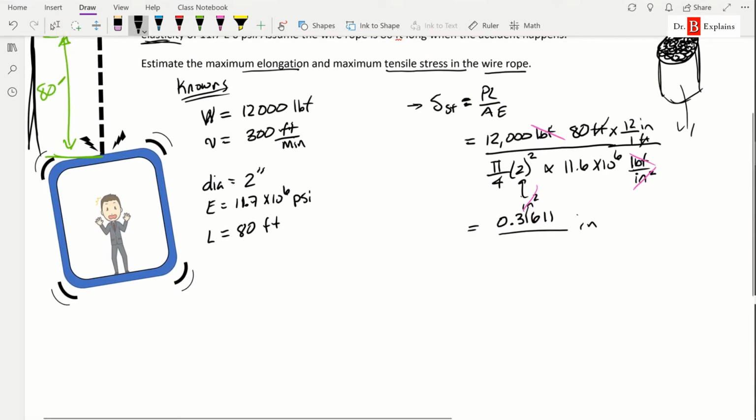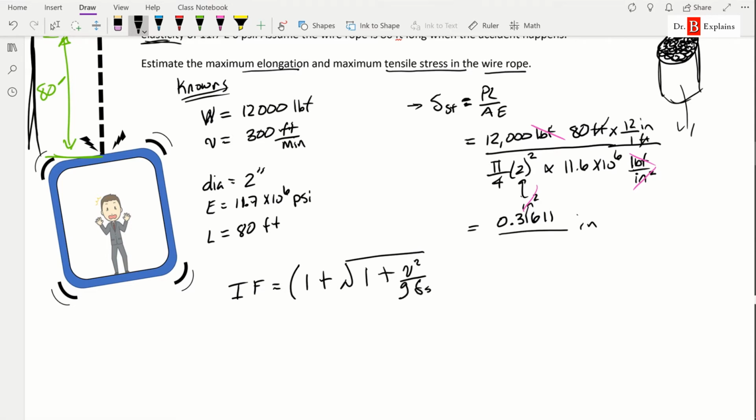So the equation for impact factor is going to be 1 plus the square root of 1 plus, since we know the velocity, it's v squared divided by gravity times the static deflection, close parentheses.